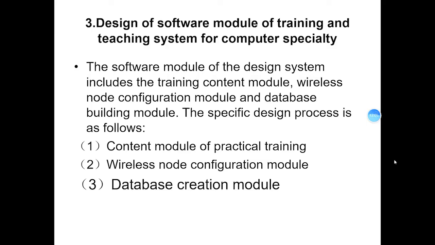The third section is design of software module of training and teaching system for computer specialty. The software module of the design system includes the training content module, wireless node configuration module, and the database building module. The specific design process is as follows.